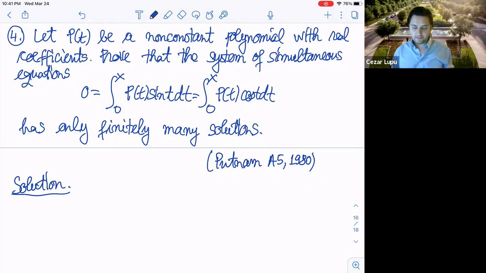So this is a bit trickier than the previous one, because when you look at this system of equations, the two equations, the first integral is 0 and the second integral equals 0, right?